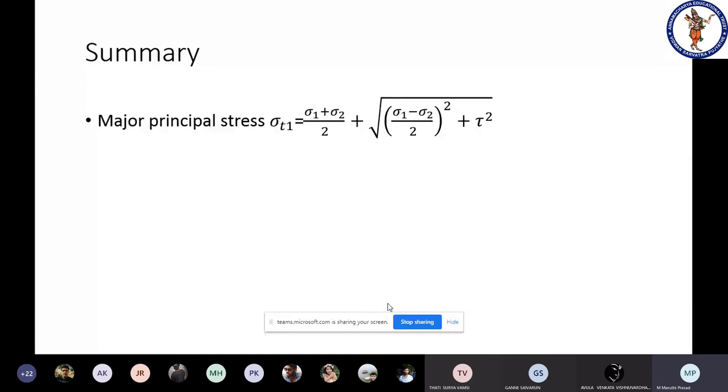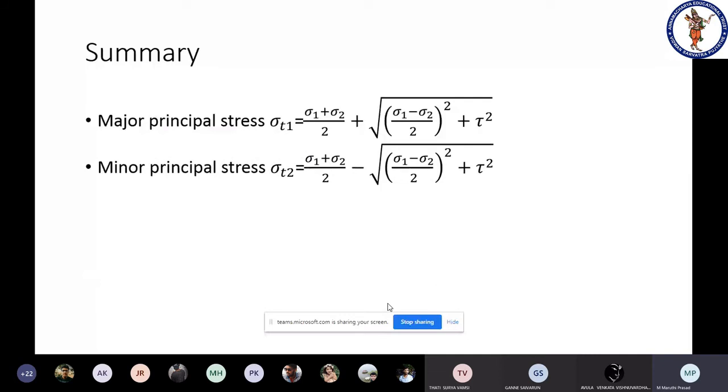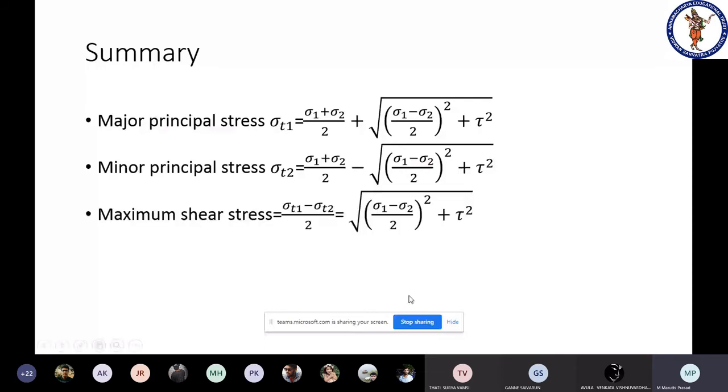I'm representing major principal stress with sigma T1 and minor principal stress with sigma T2. The maximum shear stress is the average of the algebraic difference of these two: sigma T1 minus sigma T2 by 2. You can have this equation.